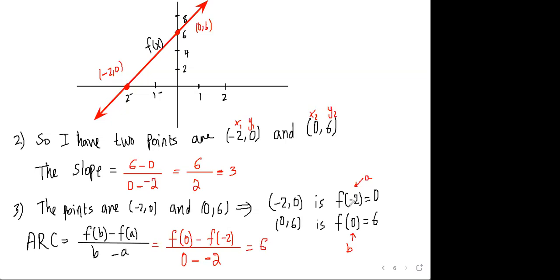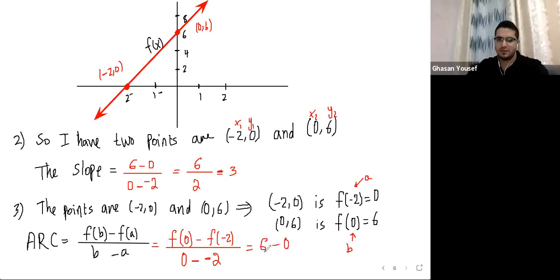It's 0. So here 6 minus 0 over 0 minus minus 2. What is 0 minus minus 2? It's 2. And now I get 6 over 2, which is 3. So look, the average rate of change is 3 and the slope is 3.